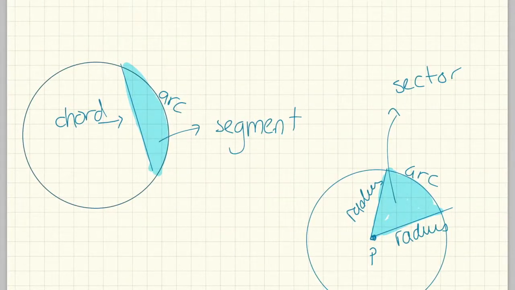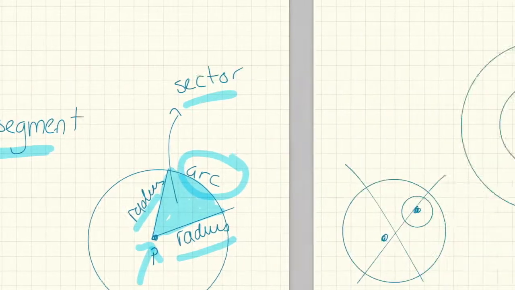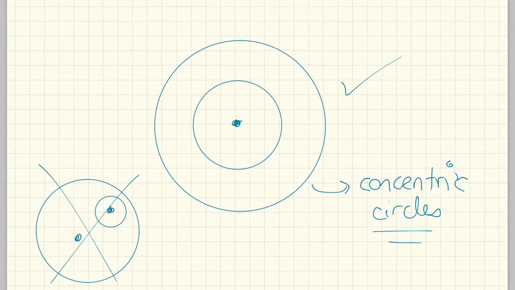We also talked about the difference between a segment and a sector. A segment is bounded by a chord and an arc, while a sector is bounded by two radii and an arc, and has a vertex at the center. And finally, we talked about concentric circles, two circles that share the same center. Therefore, these which do not share the same center are not concentric circles.